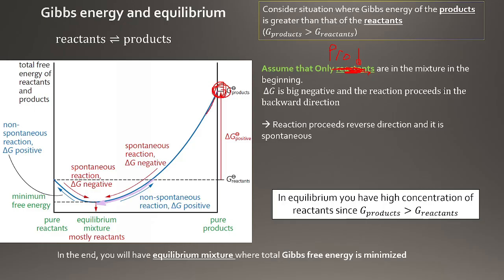We can minimize it by going towards reactants. Equilibrium shifts toward reactants. We find the sweet spot. And again, there is high concentration of reactants, small concentration of products, because the reactants have smaller Gibbs energy overall.